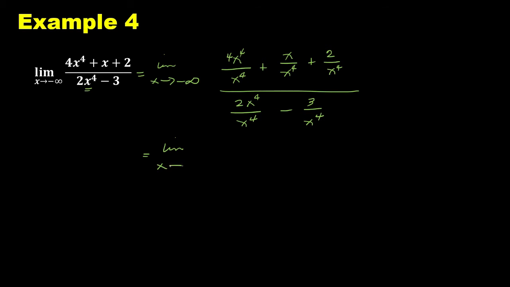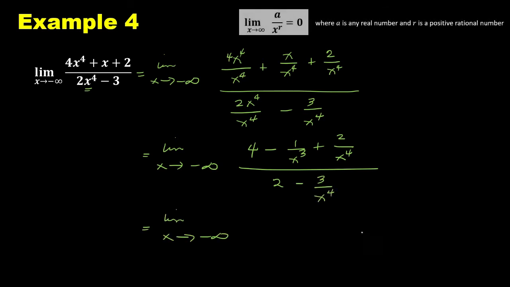And then let us simplify our function here. So we have 4x raised to 4 over x raised to 4 is 4, minus 1 over x cubed plus 2 over x raised to 4, over 2x raised to 4 over x raised to 4 is 2, and then minus 3 over x raised to 4.